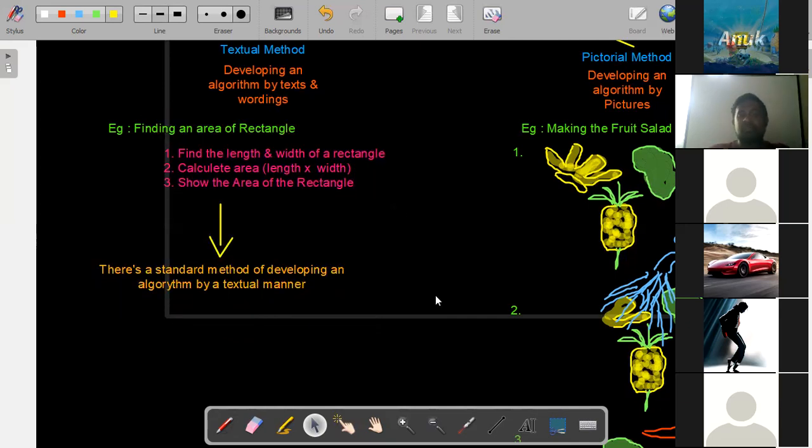Here, there's a standard method of developing an algorithm by a textual manner. I will show a very little example for that. But I'm not going to discuss more about it than that, right? I'll show you a little example for that. It's more than enough.